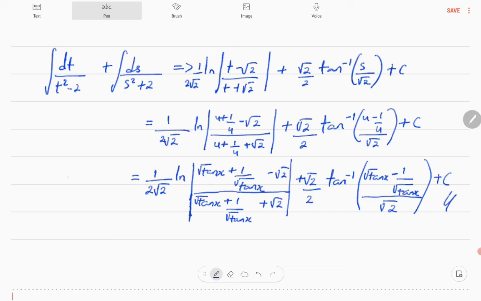So we've been able to integrate square root of tan x dx.